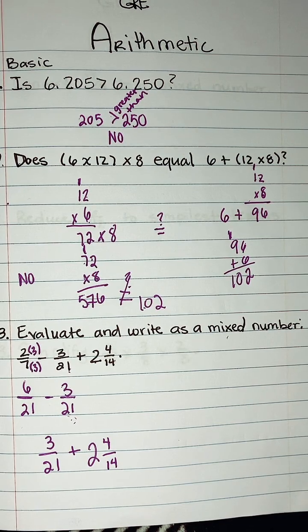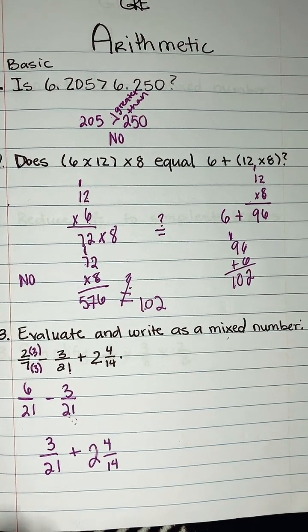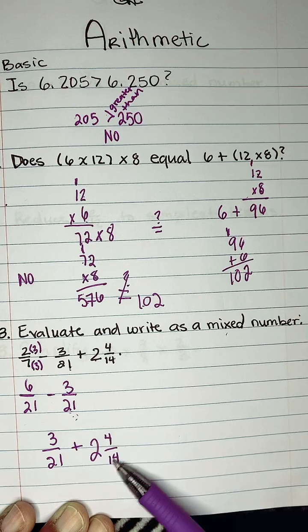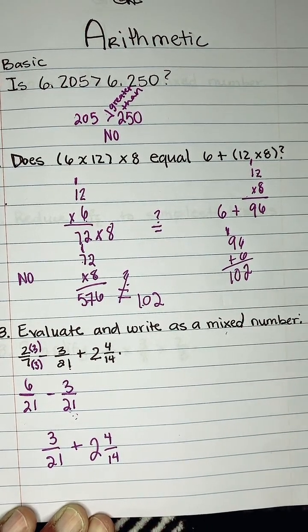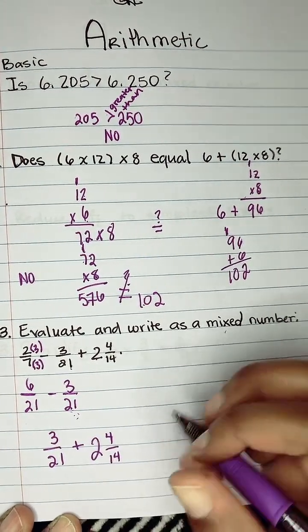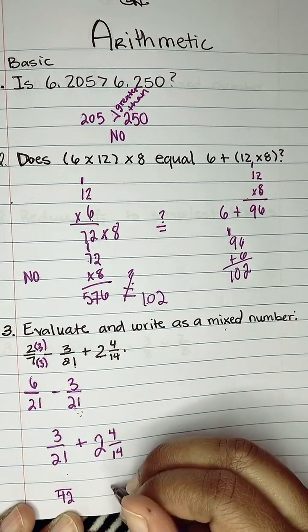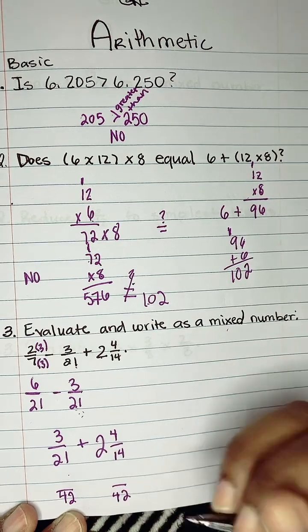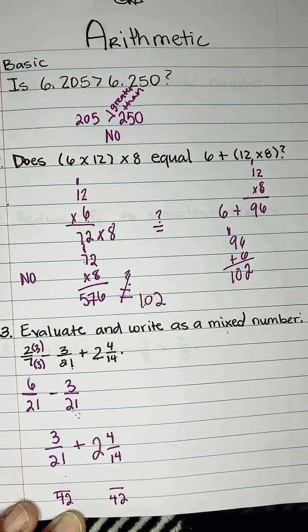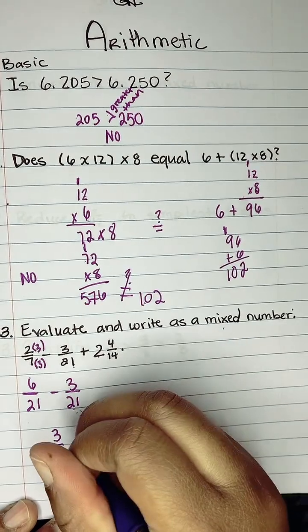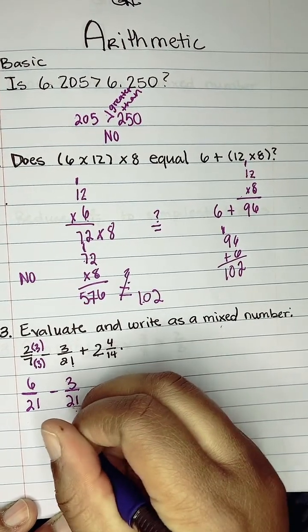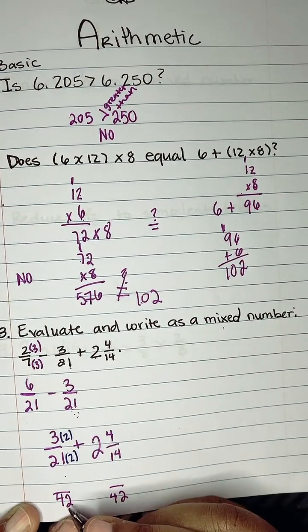Good. David said 42, 42. Yes, because we want, what do both 21 and 14 go into? Good. So people said 42. They both will go into 42. So let's figure out how, right? So 21 times 2, if we times that by 2, we get 42.